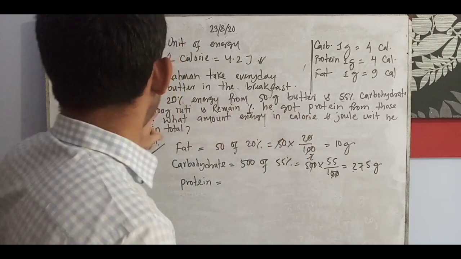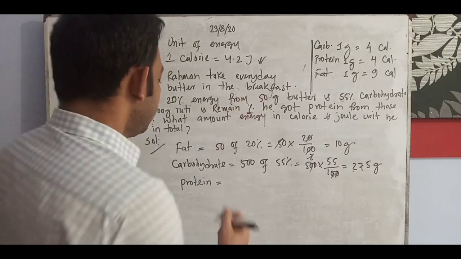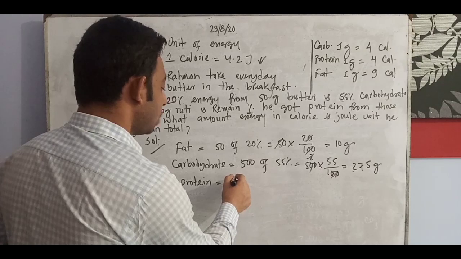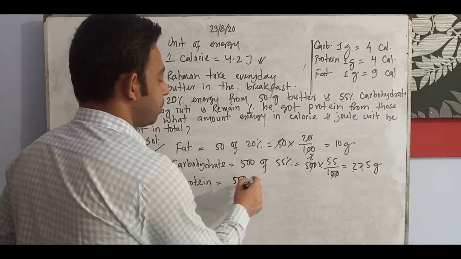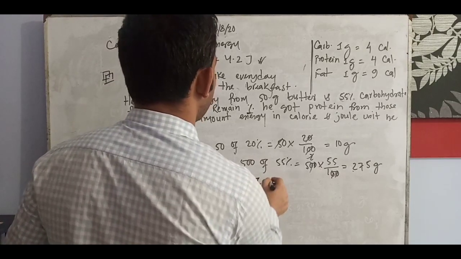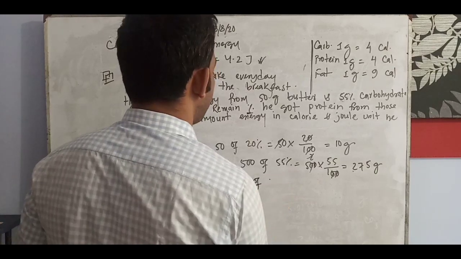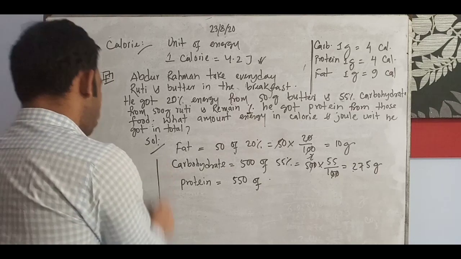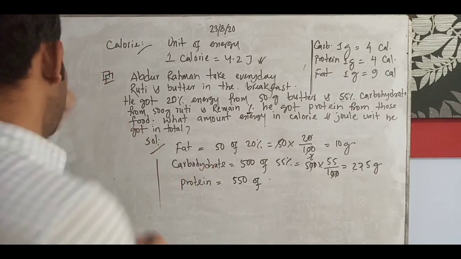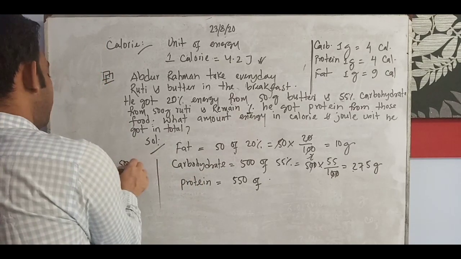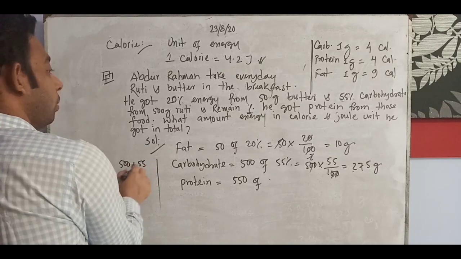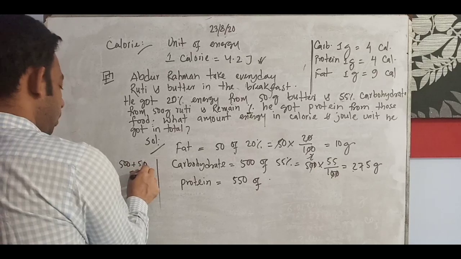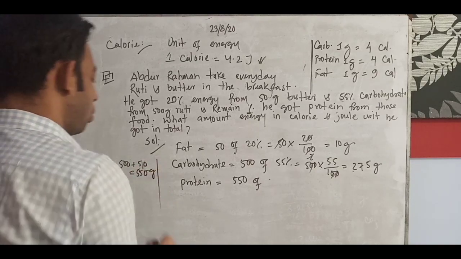So 500 gram plus 50 gram equals 550 gram total.